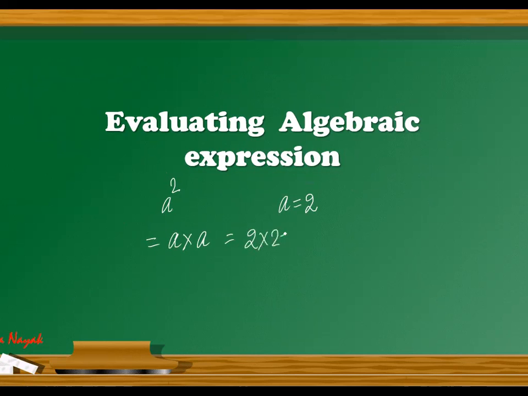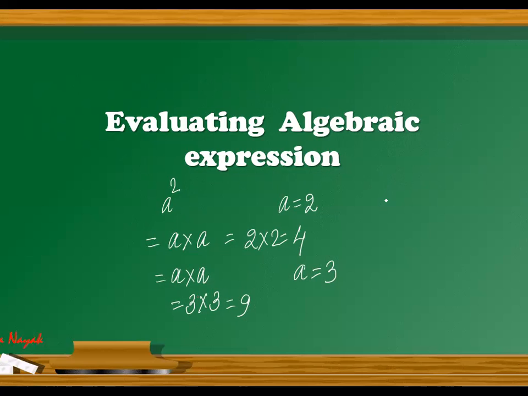That is 4. Same a squared, if I write a is equal to 3, it takes another value. A into a, that time it will be 3 multiplies 3. So what is the answer? Answer is 9. That means when the variable values change, the whole algebraic expression changes.